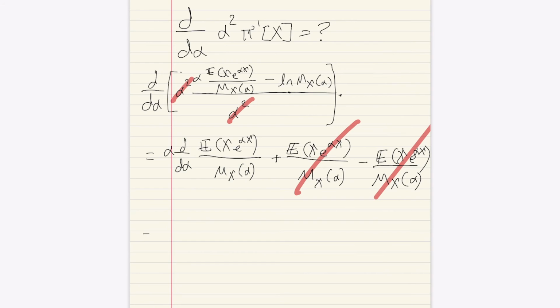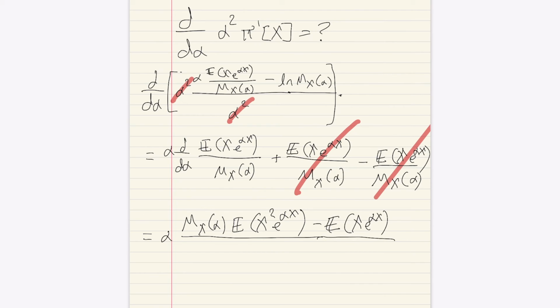But we can just use the quotient rule to see that we just need to write the moment generating function of X times this expectation, minus the expectation of X like this squared, divided by this moment generating function squared.